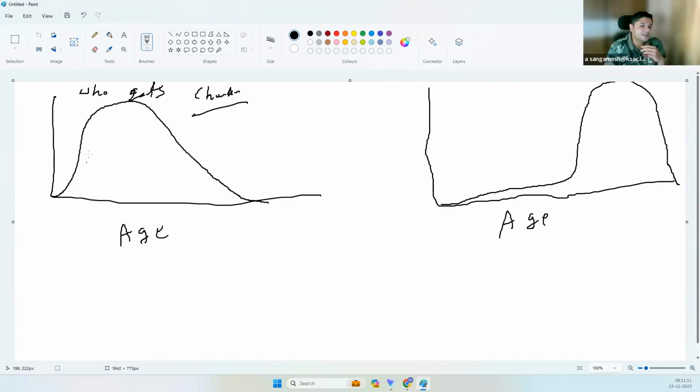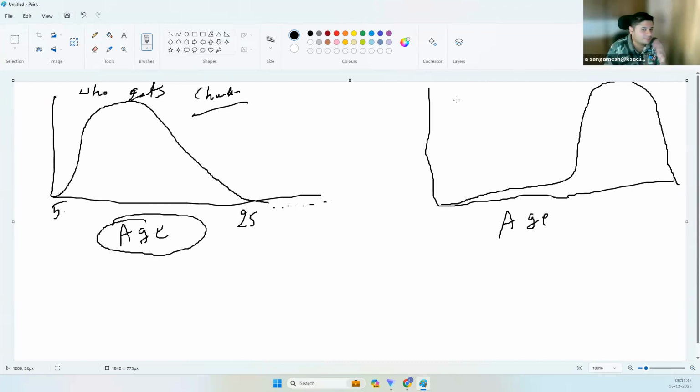What I'm trying to say is, normally people who are young, between something like 5 years to 25 years, are eating chocolates. And post this, no one is eating chocolates. This is one observation.